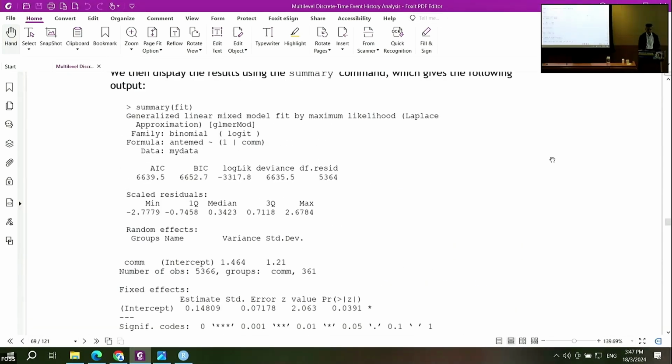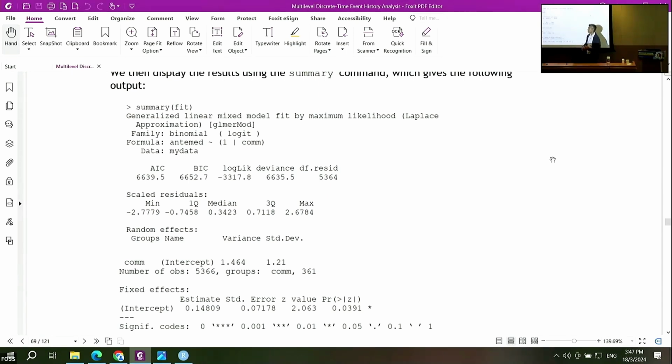So for the fixed parameters over here, we just have the intercept. It's fine, but for the variance terms, like over here, the variance at the community level is 1.464. Because of the shortcuts that the algorithm uses in R, it might be that this variance is not well estimated. There's bias in it.